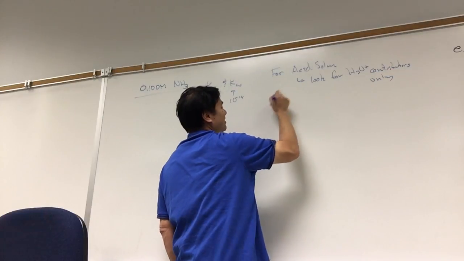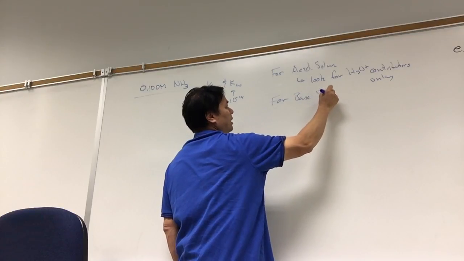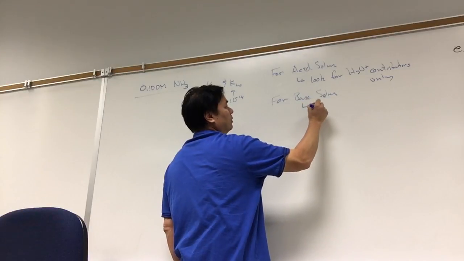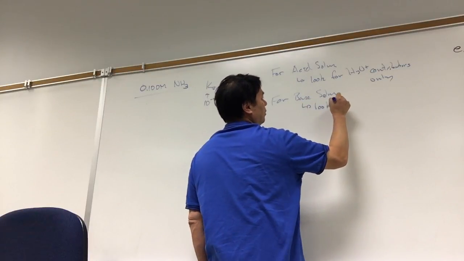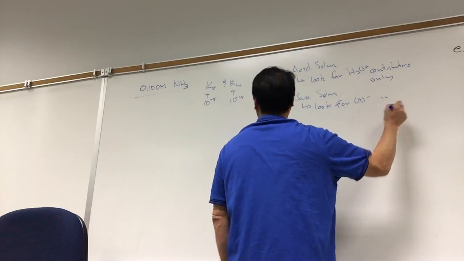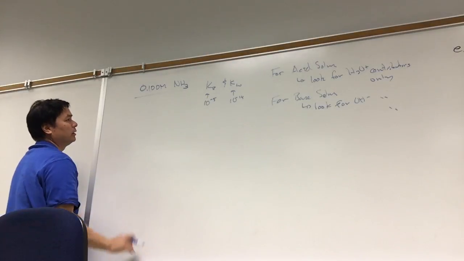For base solutions, we just look for hydroxide, since water, Kw, produces both, and we factored in for both of these. So we have two hydroxide ion contributors, ammonia and Kw.